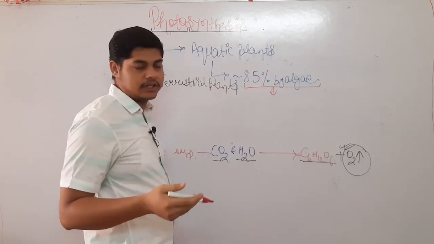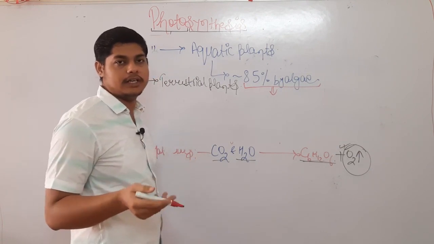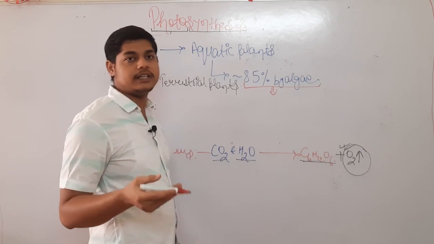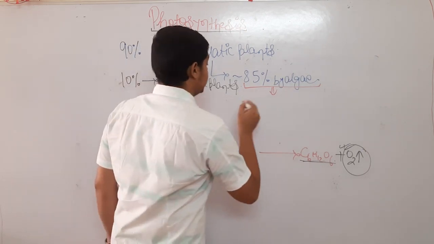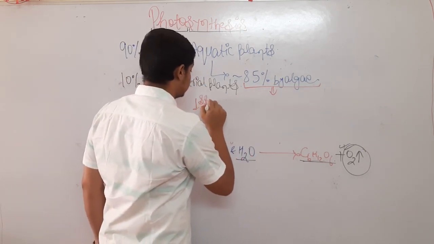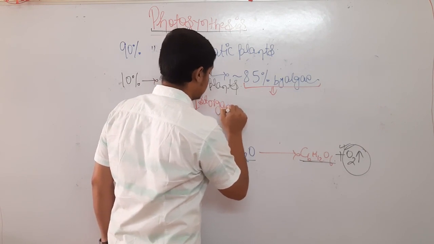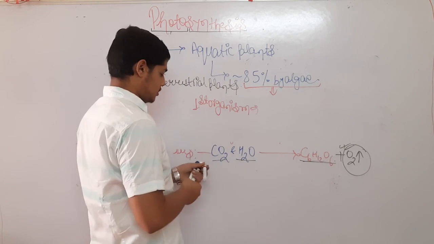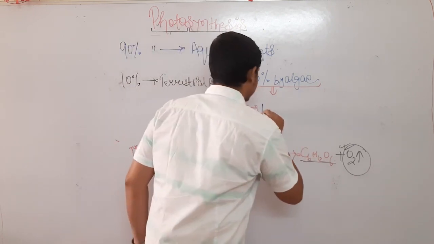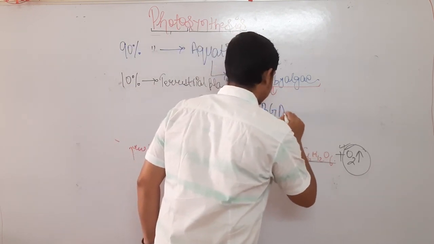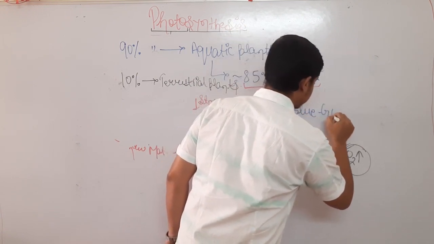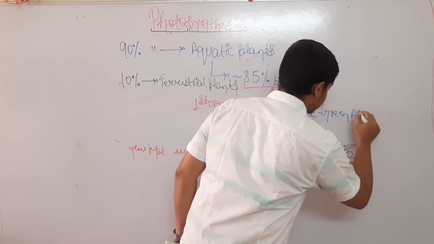This has been asked various times in NEET, various state level entrance exams, and some university entrance exams also. The first organism to perform photosynthesis is BGA, that is blue green algae.